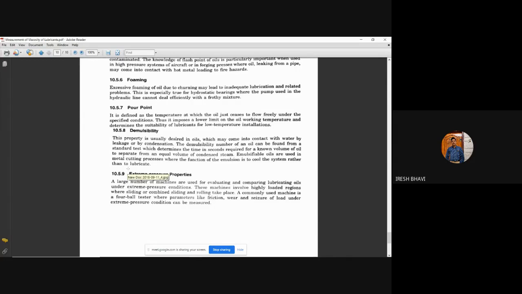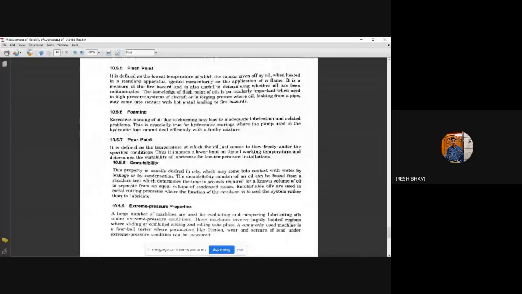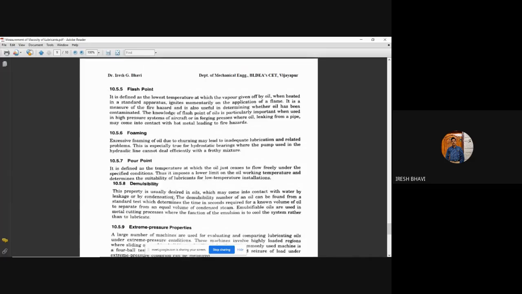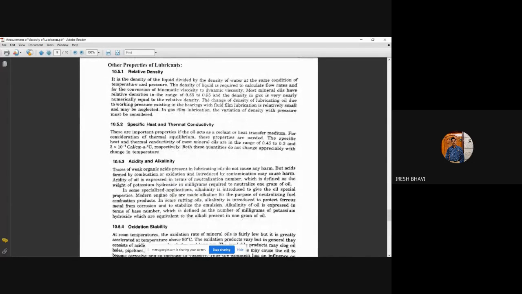So viscosity should not increase too much even at very, very high pressures. That is called the extreme pressure property of the lubricating oil. These are the different properties of the lubricating oil which you have to look after along with the viscosity, so that you are choosing a very good lubricating oil for your application. Okay.